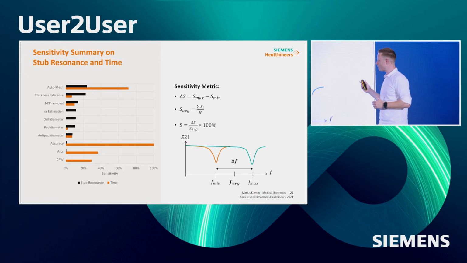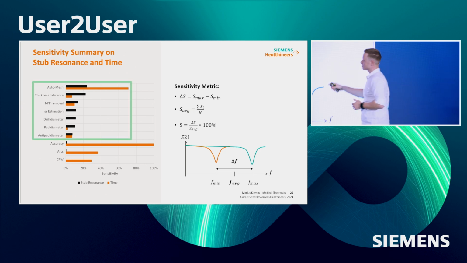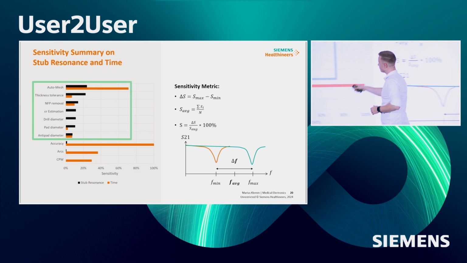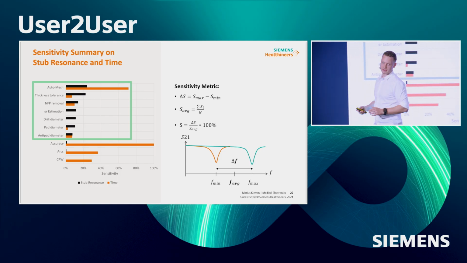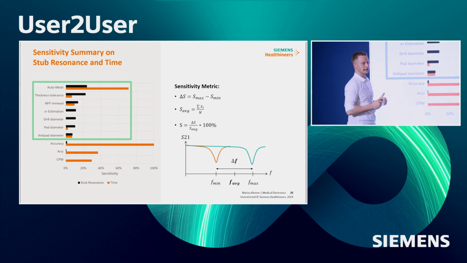So to summarize all these parameters, the most important ones are listed here, with the effect on the stub resonance in black. The orange one is the effect on the time consumption. And the interesting thing is that the parameters up here are very sensitive for your stub resonance.